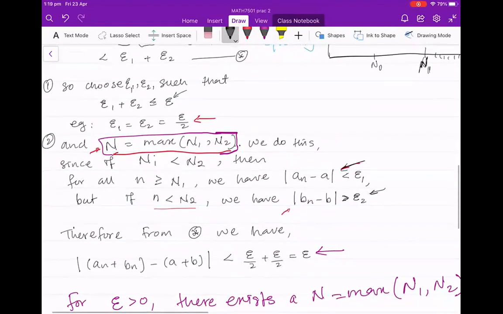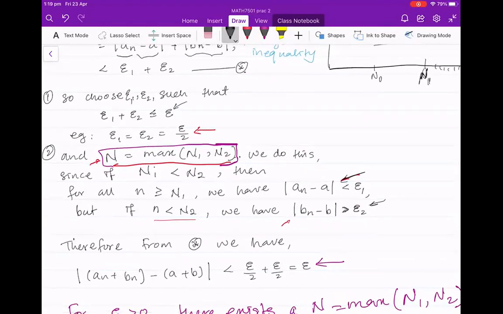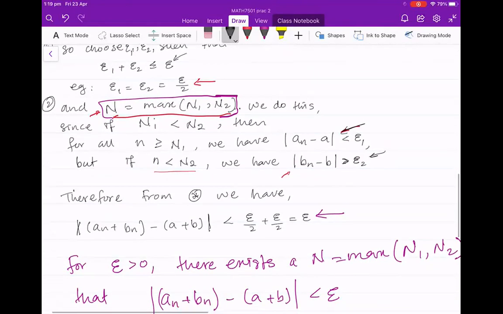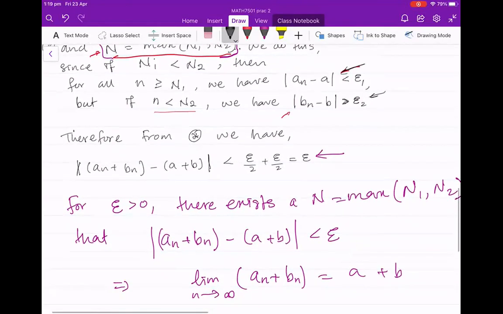And then from here, this part is less than epsilon over 2 plus epsilon over 2, which is epsilon. That's what we really wanted. So what does this all mean?